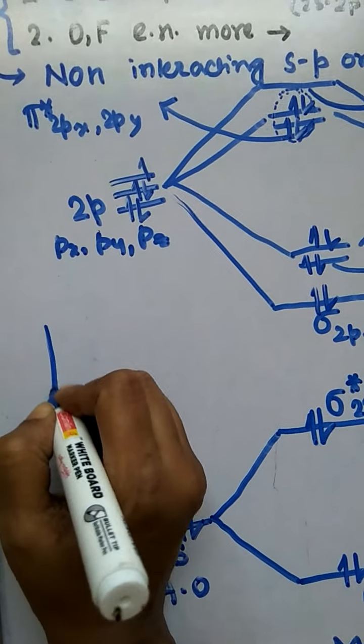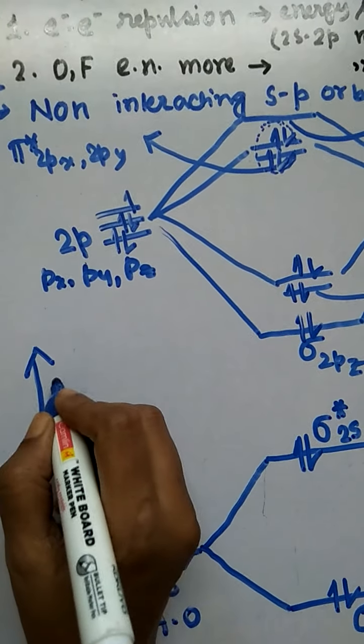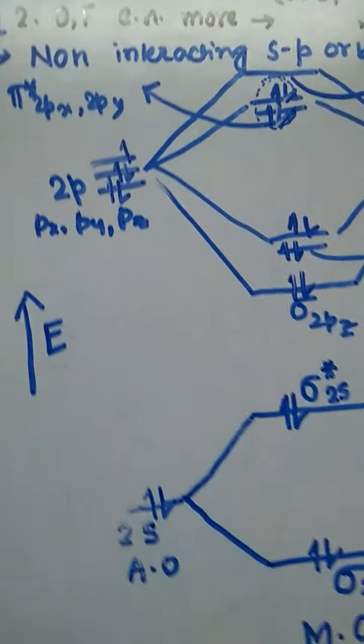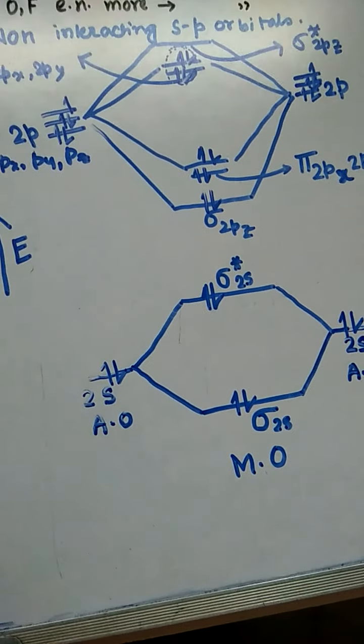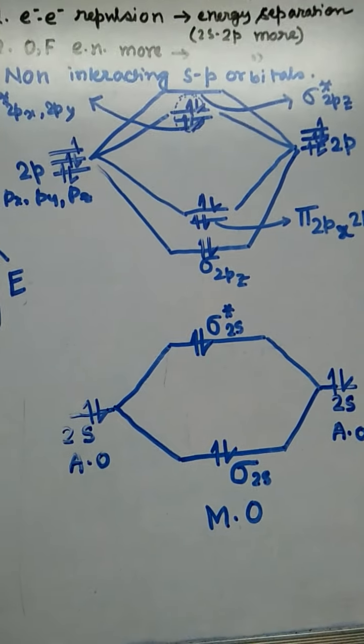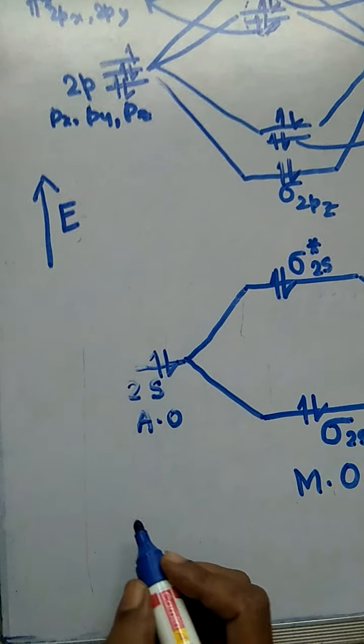So now you have to put here the energy axis. Always on the left side you put the energy axis. And what will be the molecular electronic configuration for fluorine or oxygen? Let me first write the orbitals.